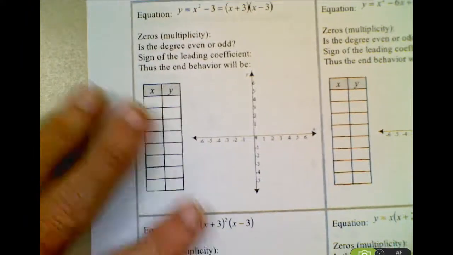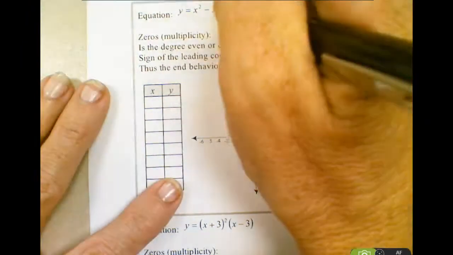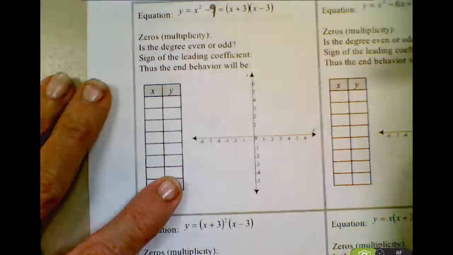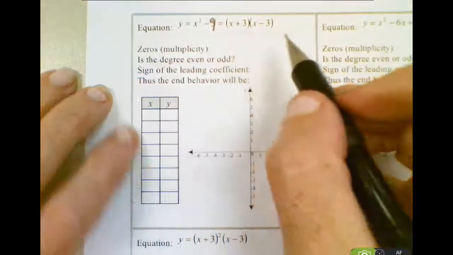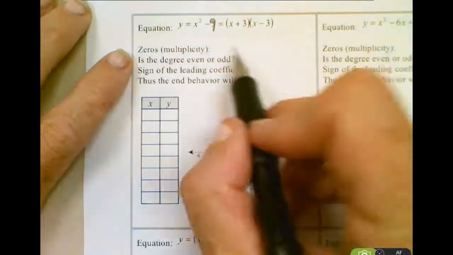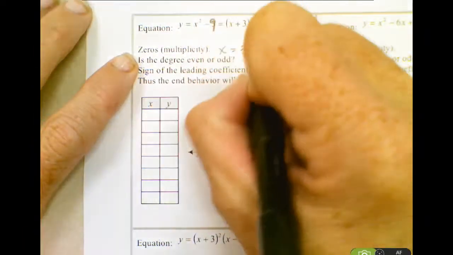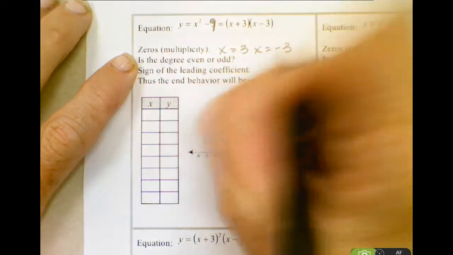Excellent. Let's do a few more, and a few more that are going to include multiplicity. So this should be x squared minus 9, which factors to x plus 3 and x minus 3. So we have zeros of x equals 3 and x equals negative 3.